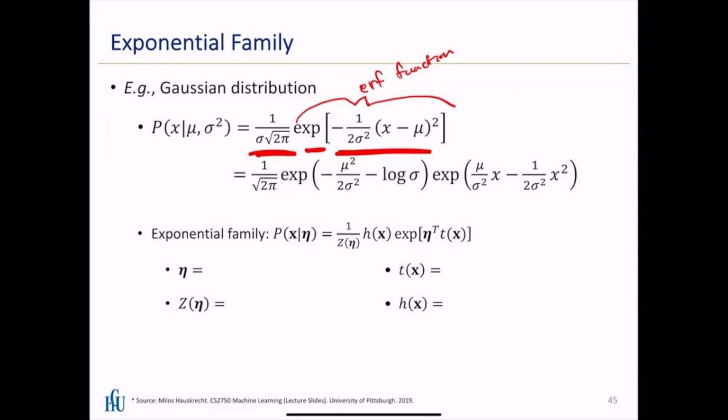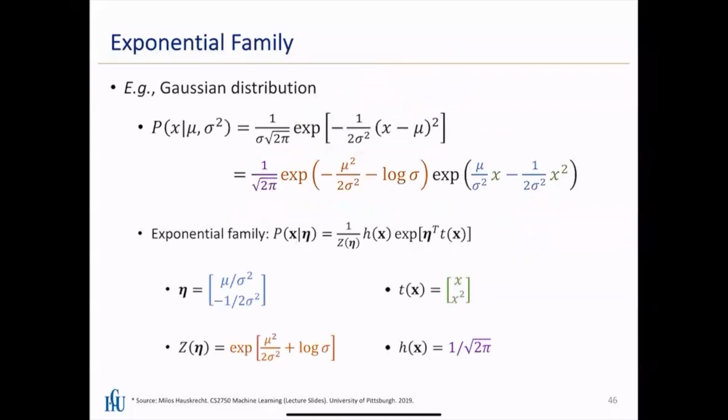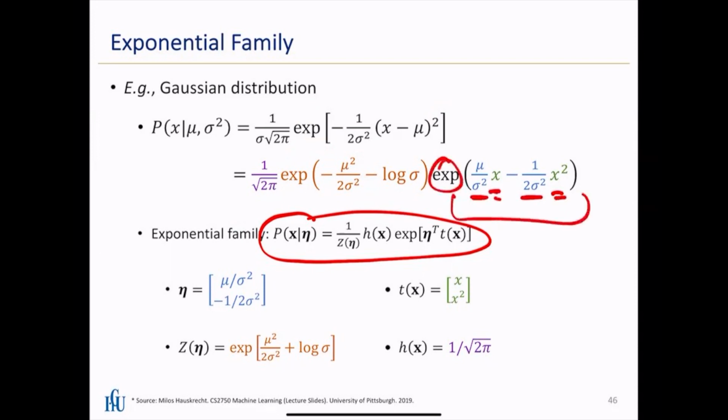Anyhow, if you sort out the upper part, you will eventually have these quantities, where this paints the Gaussian distribution in terms of the exponential family. So there is some thought process. You need to analyze what you have at hand and try to match it with the exponential family form. What you want to do is find the coefficient in front of x in the exponent term. So you're going to have eta. In this case, you have a vector.